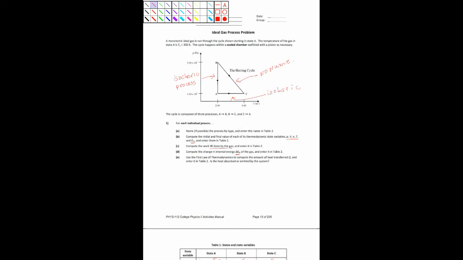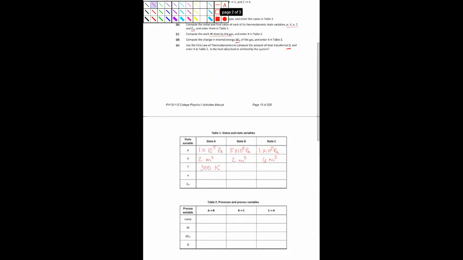And finally, for part one, we're going to find the heat added to the system to get from one state to the other. Okay, so let's go to the next page here.